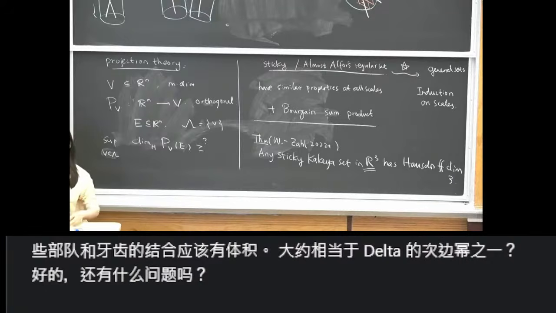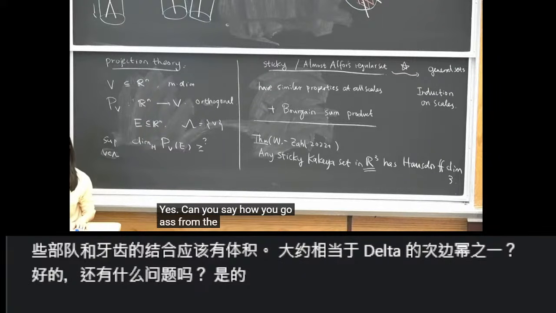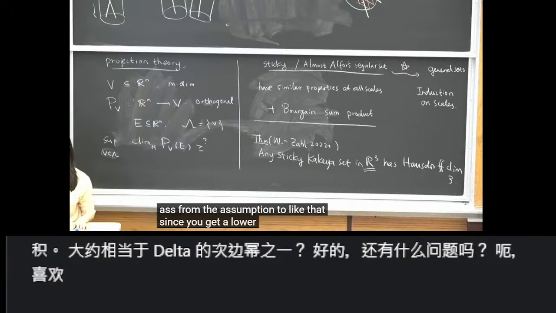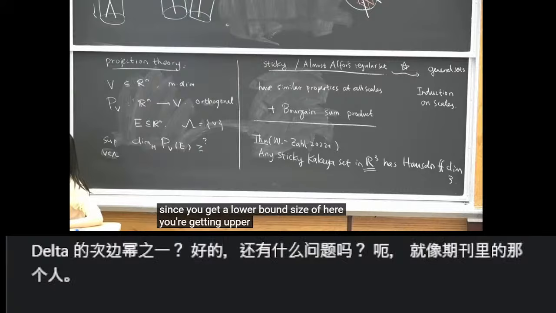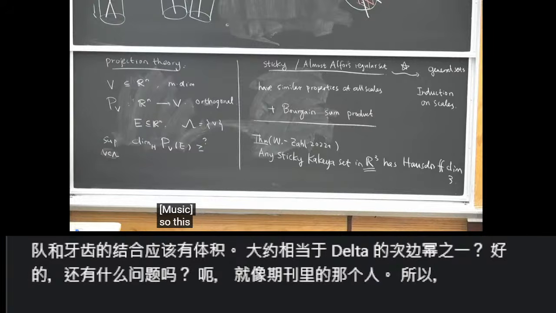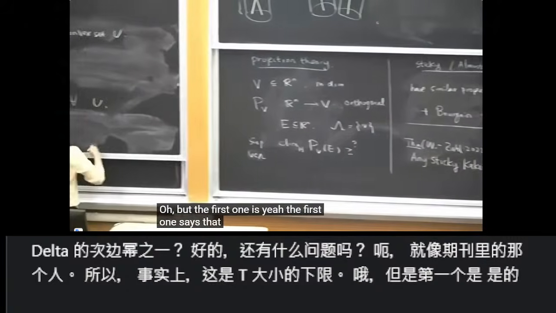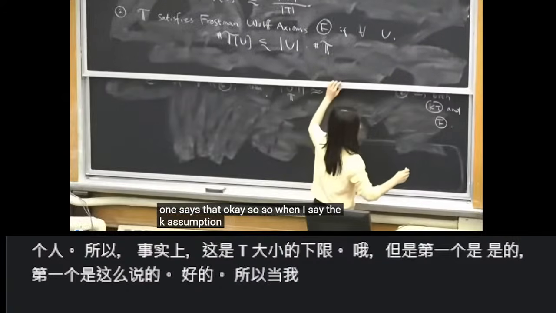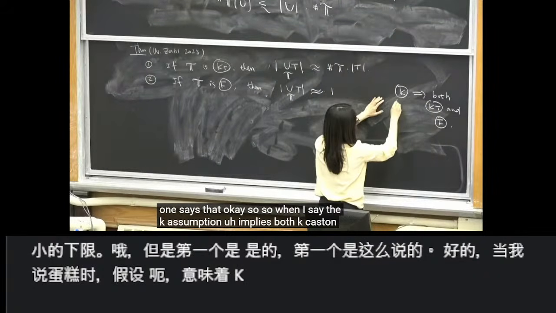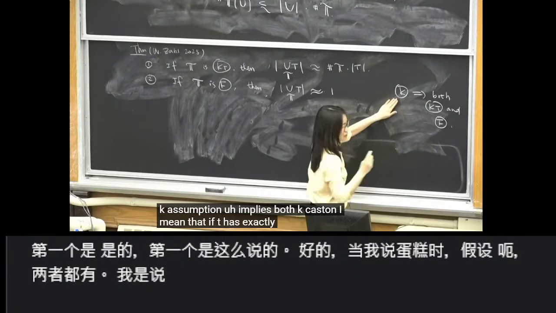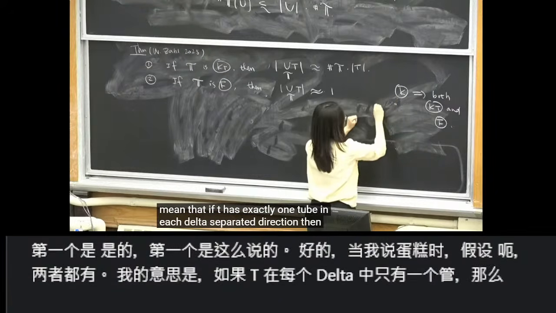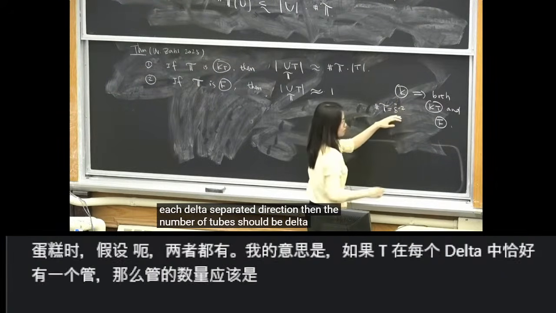Yes? Maybe this is better for after, but can you quickly say how you go from the Kakeya assumption to this? The first seems to be a lower bound on the size of T, and then here you're getting an upper bound on the size of T. So this is, in fact, a lower bound on the size of T. When I say the Kakeya assumption implies both, I mean that if T has exactly 1 tube in each delta-separated direction, then the number of tubes should be delta to the minus 2.